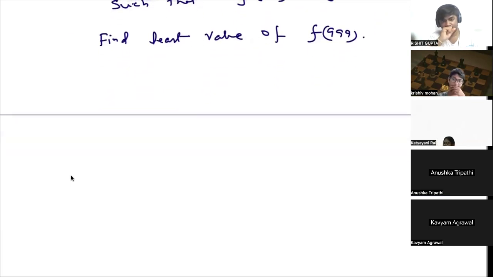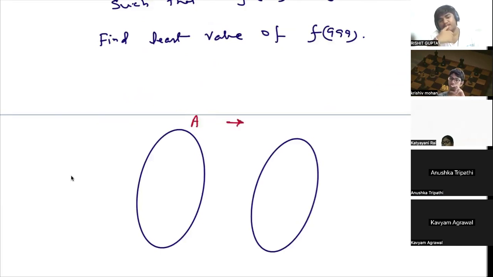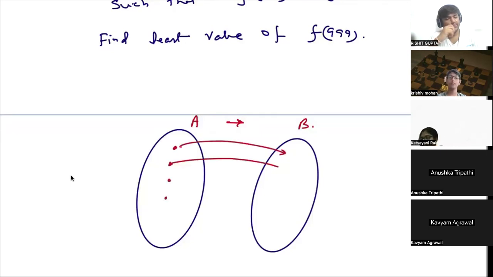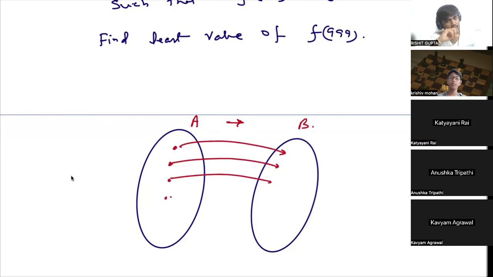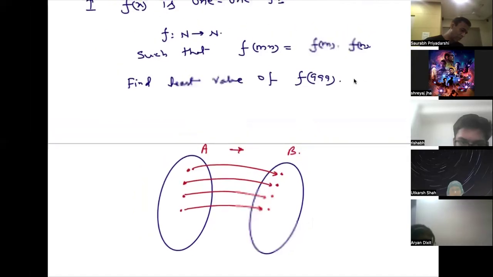So this is the function, 1-1 function. So we know about the 1-1 function, if it is given 1-1, the function is given as A to B, you have to map these in such a way that for each and every value of set A you are getting different values of Y. So it is given f(mn) is equal to f(m) into f(n).